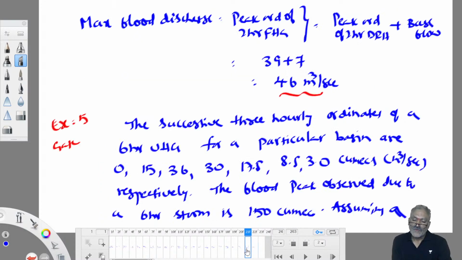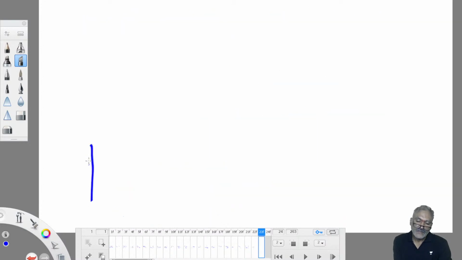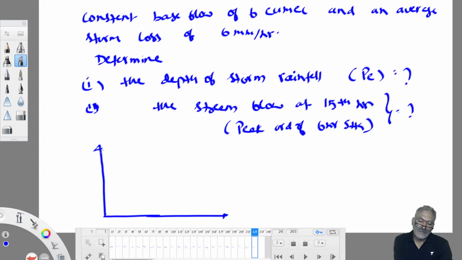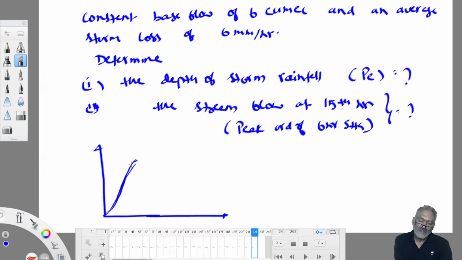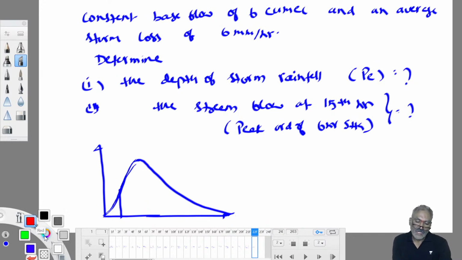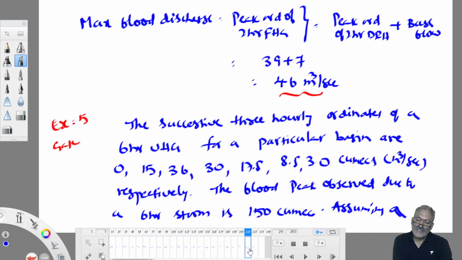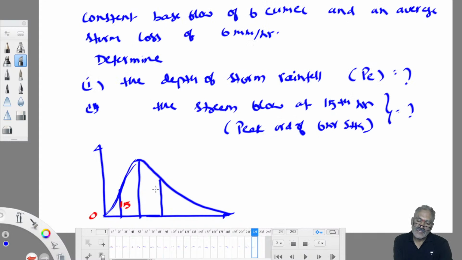In between are 15, 36, 30, 17.5, 8.5, 3. The hydrograph is like this. The first ordinate is 0, the second ordinate is 15, the third ordinate is 36, then 30, 17.5, 8.5, 3 and 0.